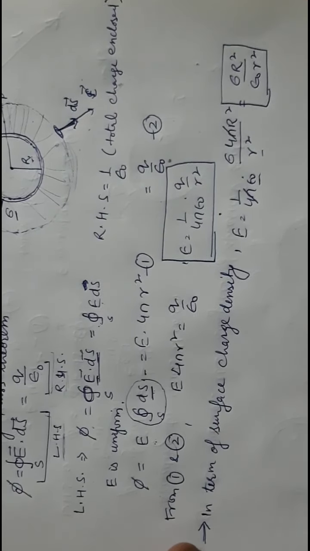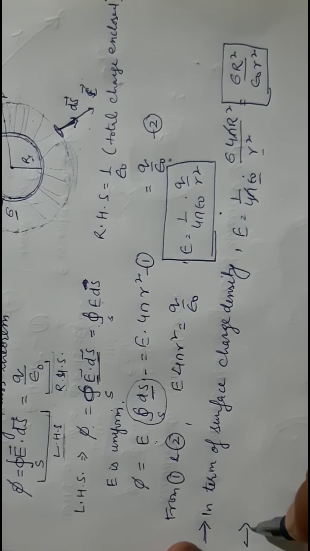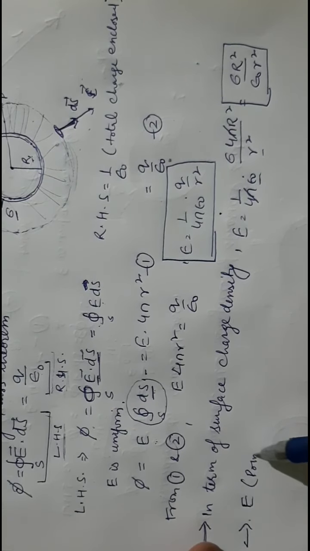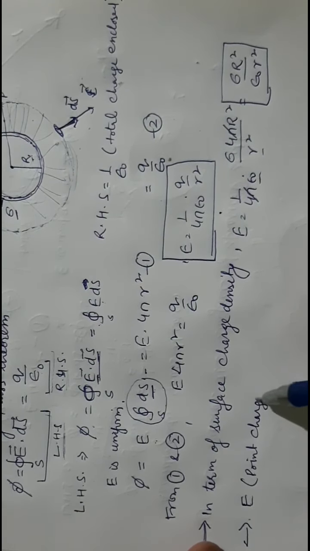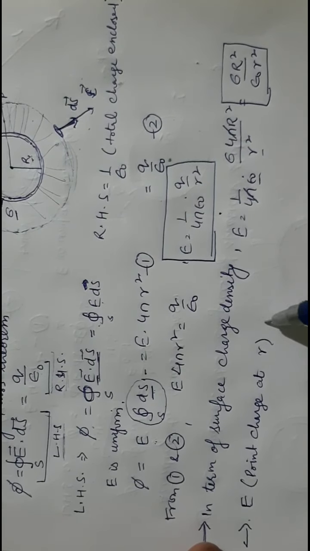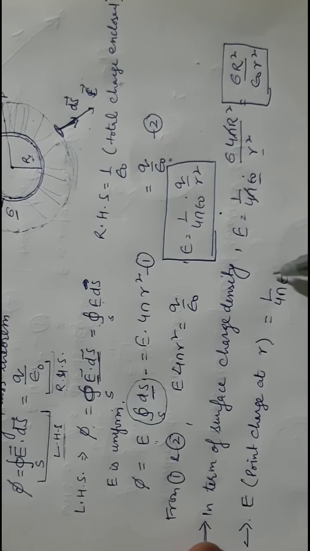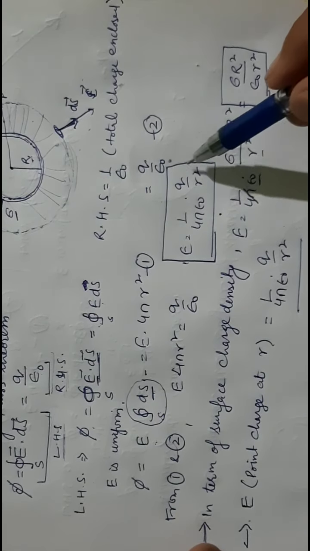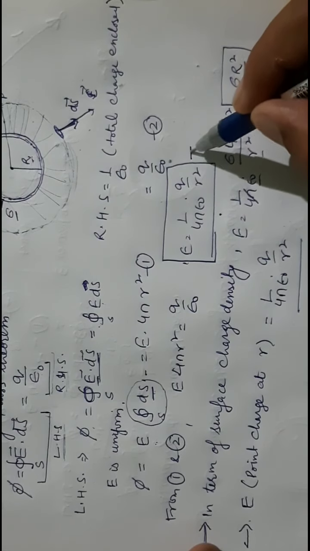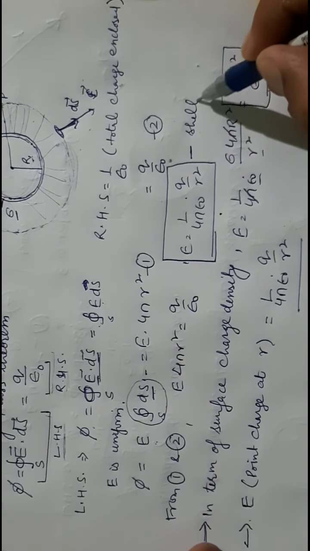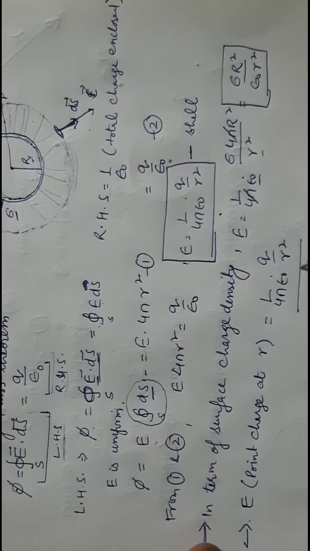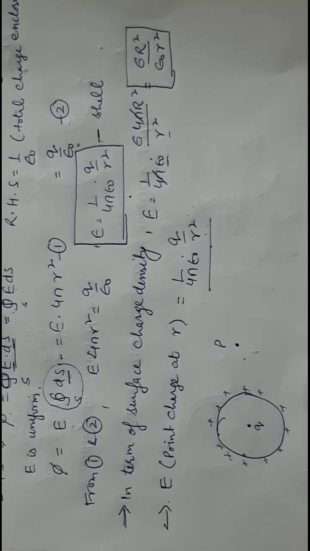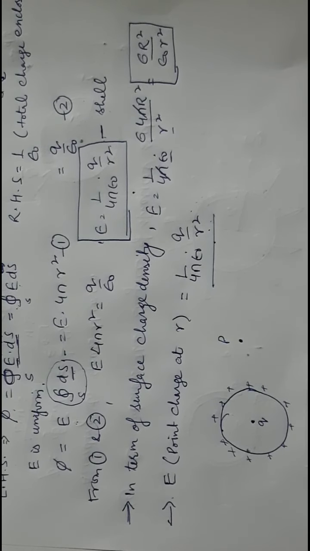The second point we can note from here is, we know that the electric field due to a point charge at a distance r is given by 1 upon 4 pi epsilon naught Q by r square. If you compare these two equations, this is the electric field due to a spherical shell and this is the electric field due to a point charge. By seeing the formulas, the magnitude of the electric field and the variation of electric field is similar.